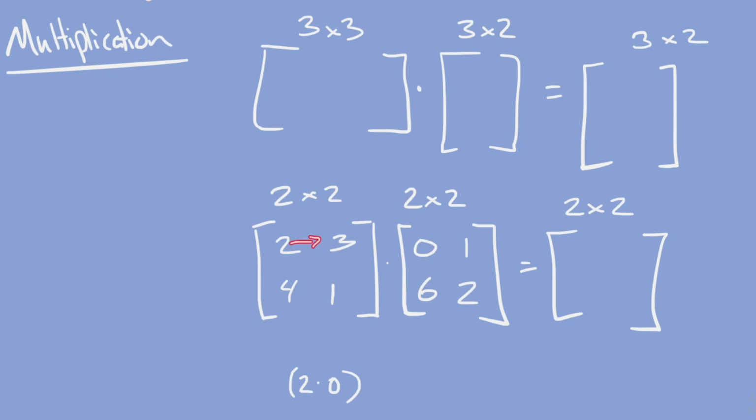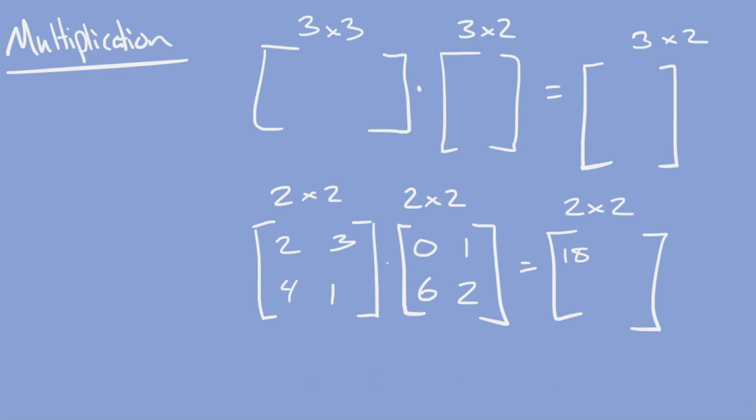So we're going to move 1 to the right and 1 down, which is 3 and 6. So we're going to add 3 times 6. And then whatever this equals, is going to be 18 plus 0, which is just 18, goes in that spot that we were looking for.